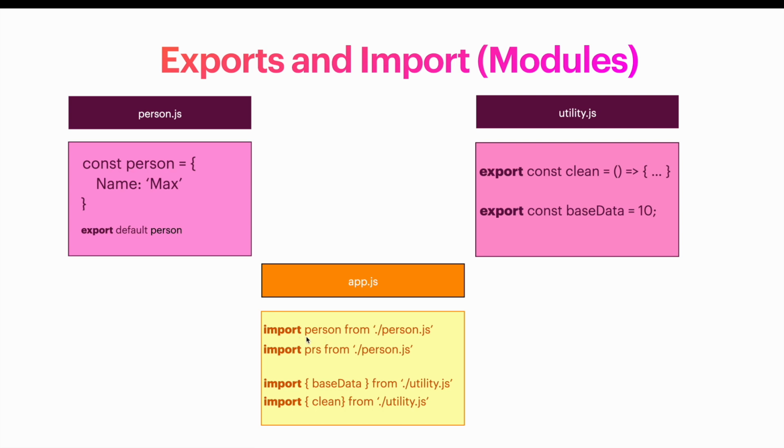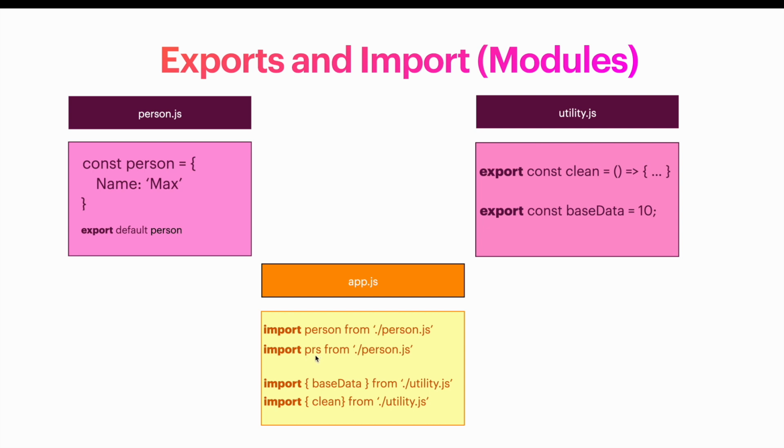Like here you can see we have imported the person object inside the app.js file by using this person name, and we can also import it by giving a different name in our import statement. So as you can see here, we have imported our default export object by giving the same name as we have in our person.js file, or we can also give a different name, as we have given here, PRS.